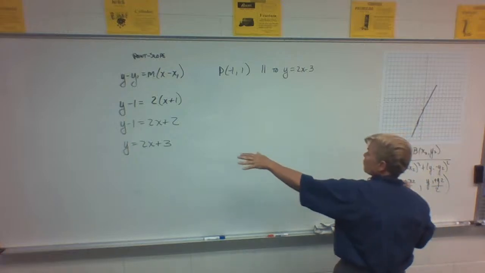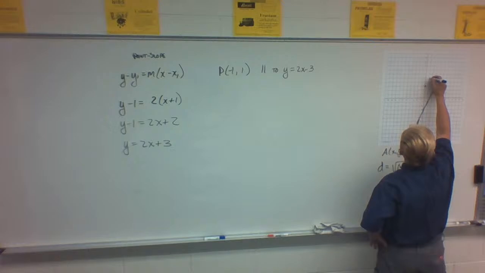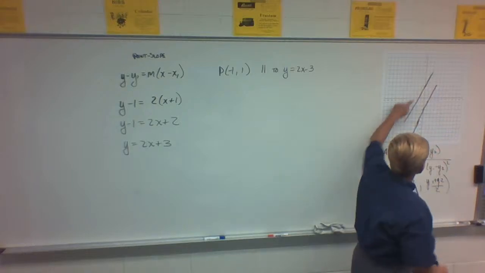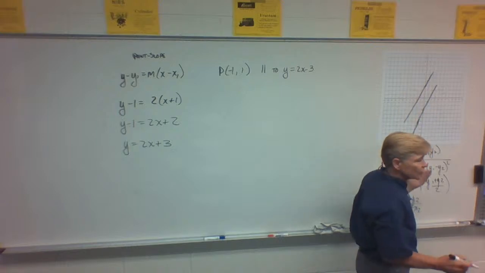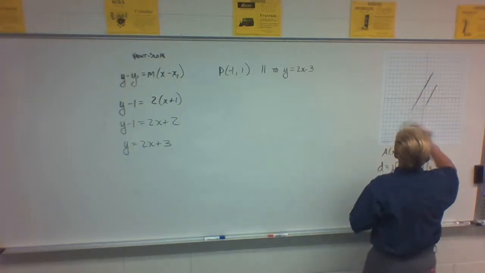And then the line that I wrote that's supposed to be parallel to it starts at 3 and goes up 1 over 2. And it's supposed to go through the point negative 1, 1. Negative 1, 1. Oh, look, it's going to. So not only did it go through the point it had to, it's also parallel to it if you graph it. You good? Okay.